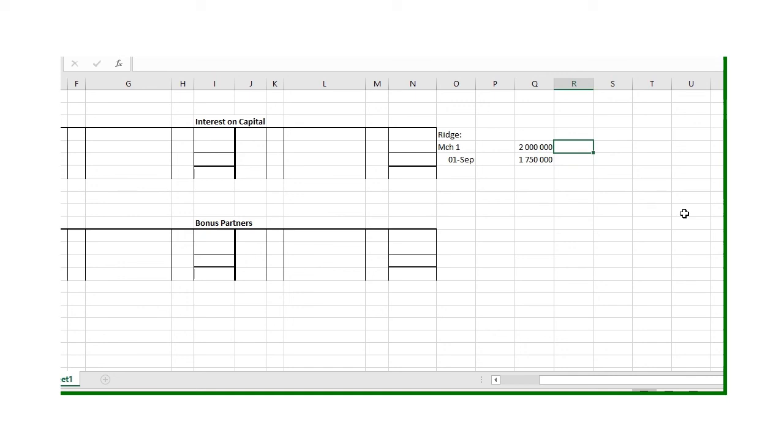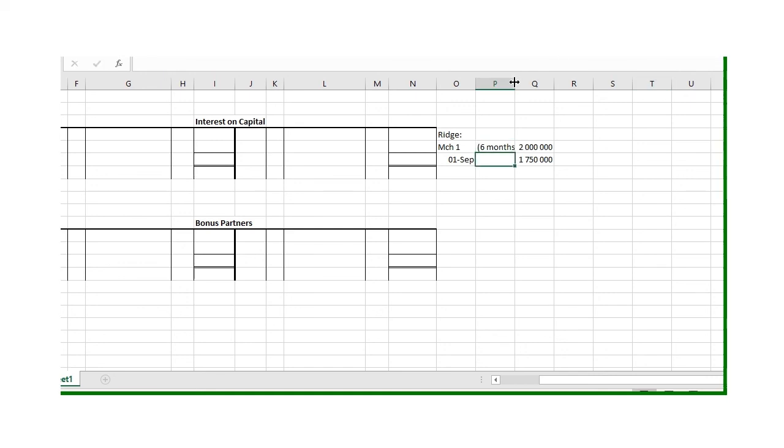1,750,000. Now, from the 1st of March till the 1st of September, it's March, April, May, June, July, August. We cannot include September because he only decreased it on the first day. So it is 6 months that he had 2 million.